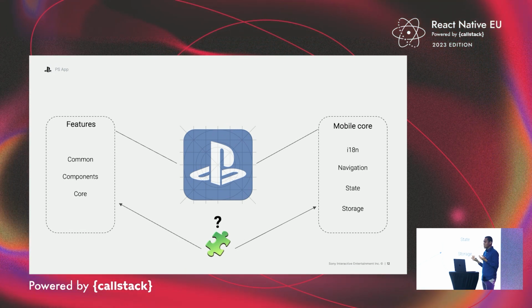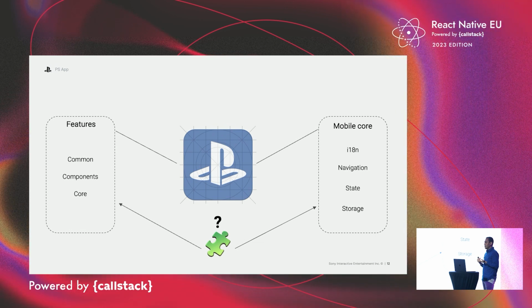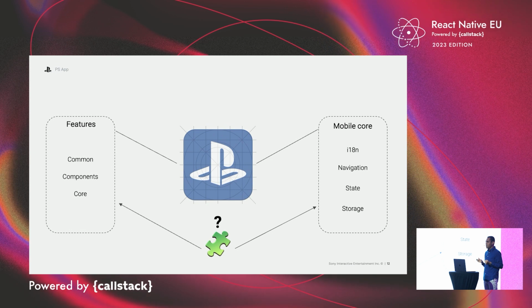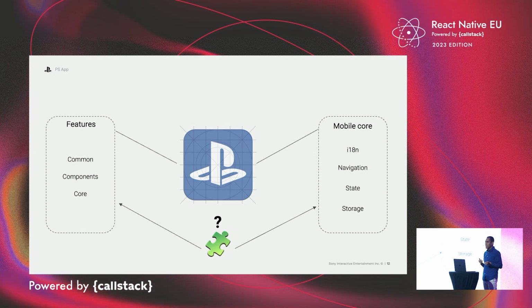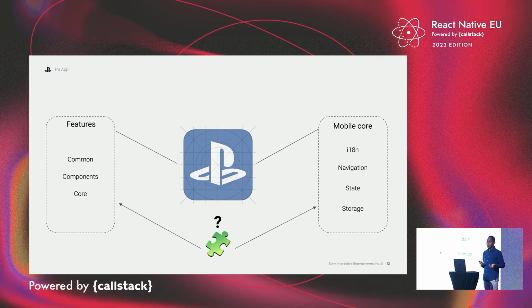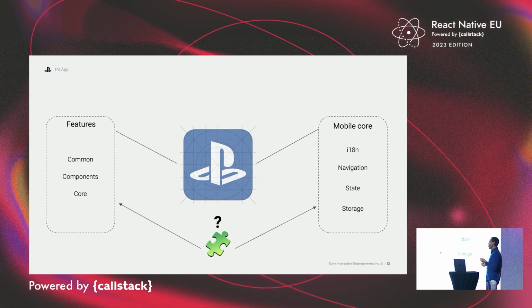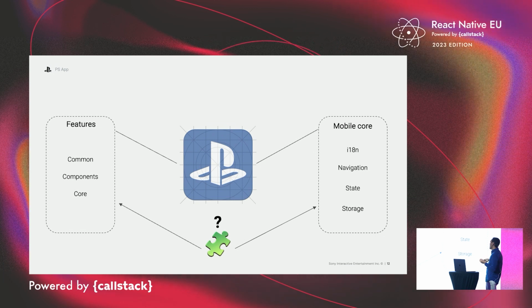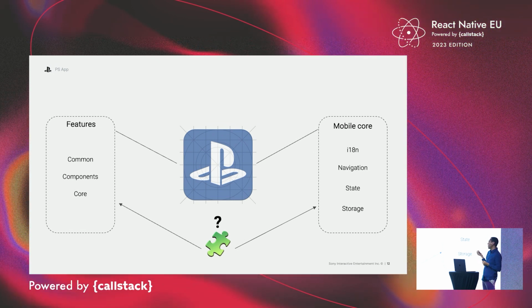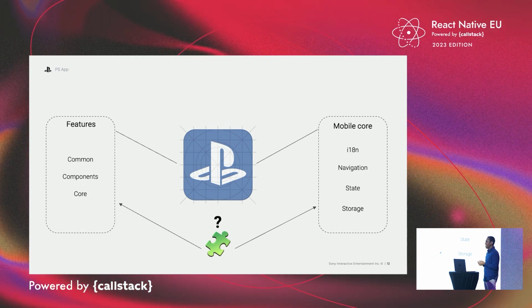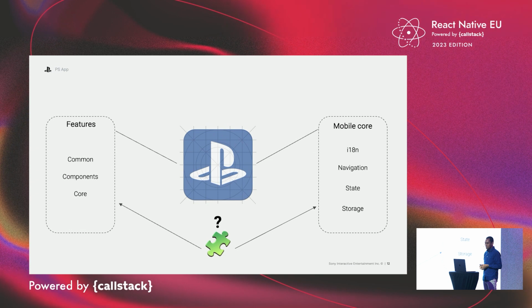For maintainers that are analyzing where new features are going to be located, it can be quite painful as well, because they have to have extensive philosophical conversations about, well, what is this component, and should it be a mobile core component, or should it be maybe a common component, or a common piece of code that any feature is going to reuse.